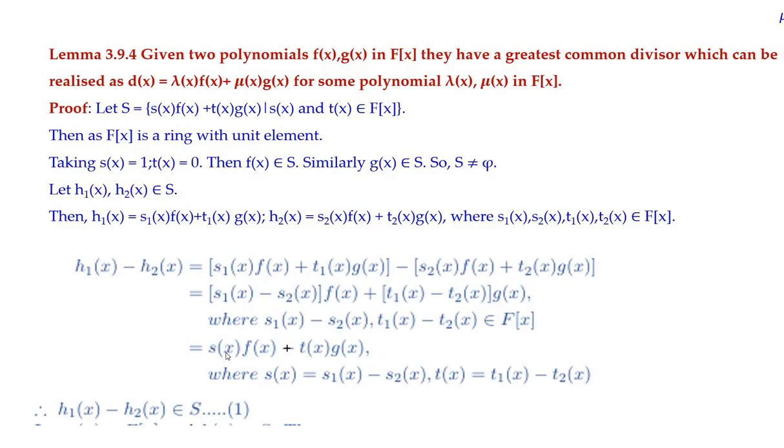We shall take this difference as say some s(x) and this one as t(x), so that we have the whole lot to be s(x) f(x) + t(x) g(x). Now whenever you have any polynomial of this kind, by the definition of S, this must be in S, but that is nothing but h1(x) minus h2(x), so that must be in S.